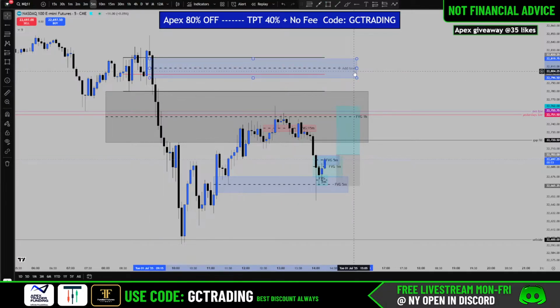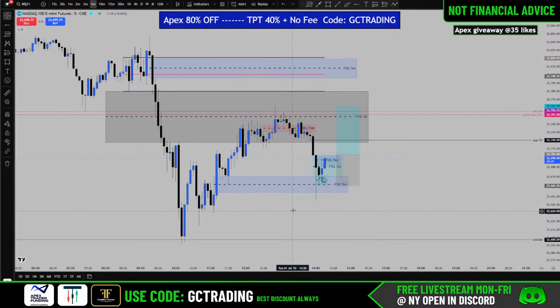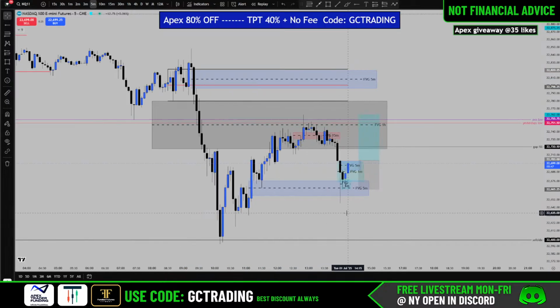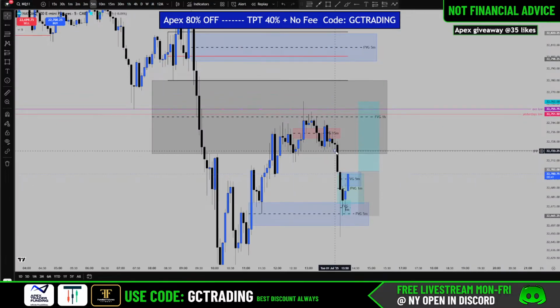That'll be a nice target. So maybe something like this. It would be smart to go break even at this point with the gap fill. It'd be a little bit early, so you might just do something like this. So we'll see.